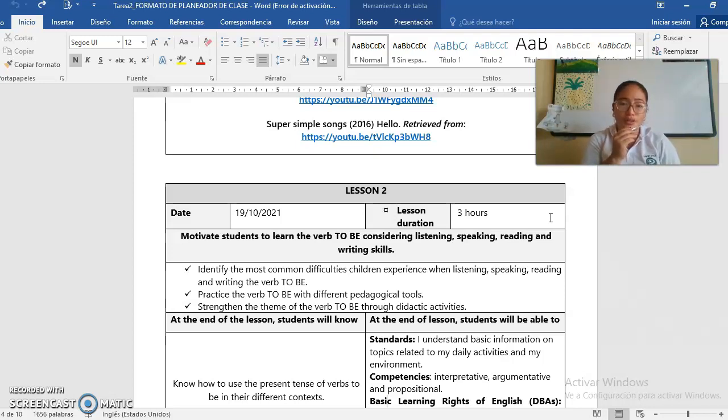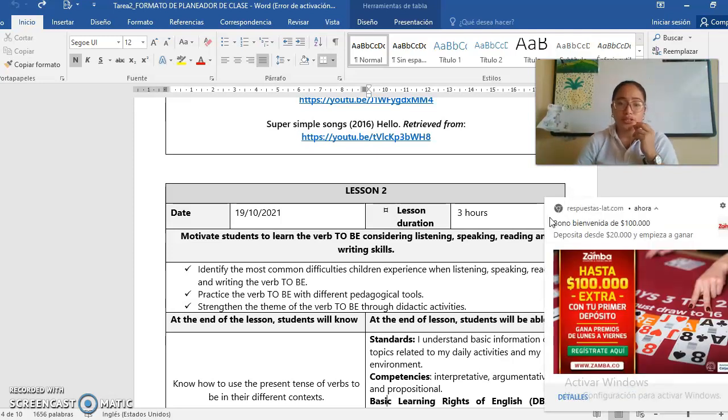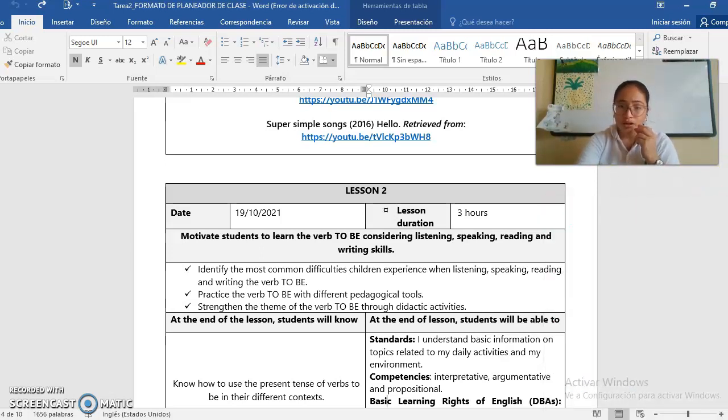Motivate students to learn the verb to be considering listening, speaking, reading, and writing skills. Identify the most common difficulties children experience when listening, speaking, reading, and writing the verb to be. Practice the verb to be with different pedagogical tools.